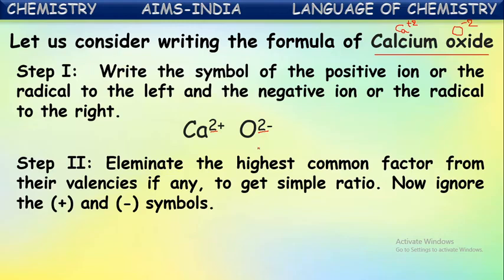By that, what we get here is Ca1, O1. What we have done is eliminate the number 2 from these two valences as the highest common factor, so they became 1 and 1. After elimination, we ignored the positive and negative symbols from their charges, so it became Ca1 and O1.